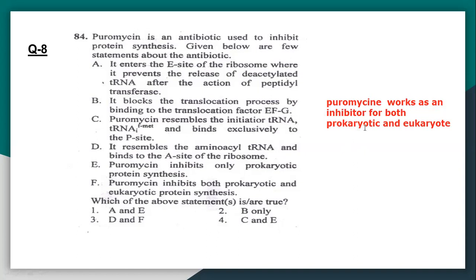So puromycin inhibits both prokaryotic and eukaryotic protein synthesis.